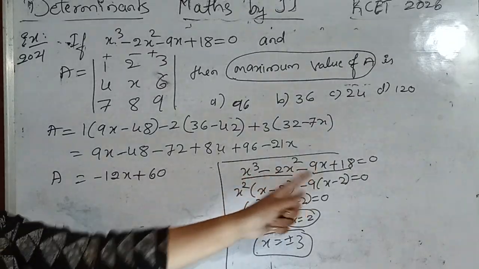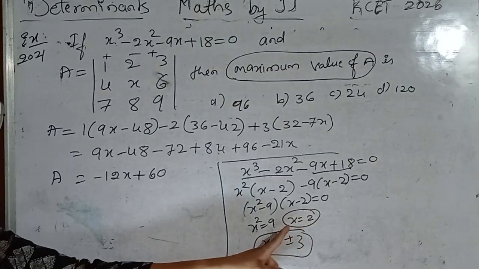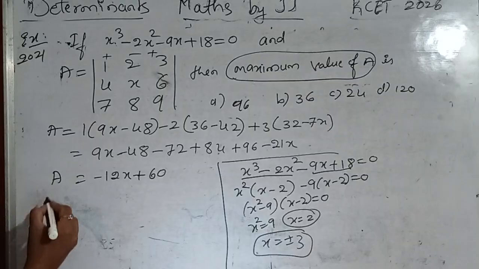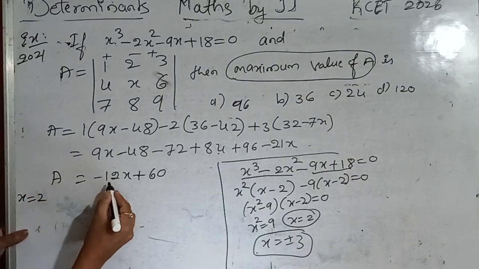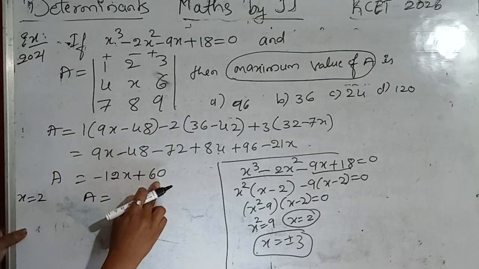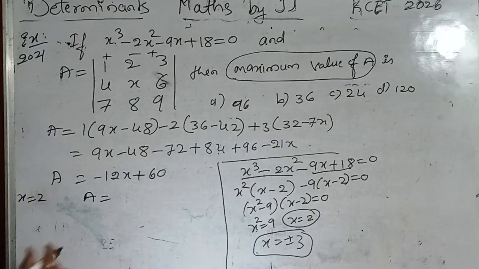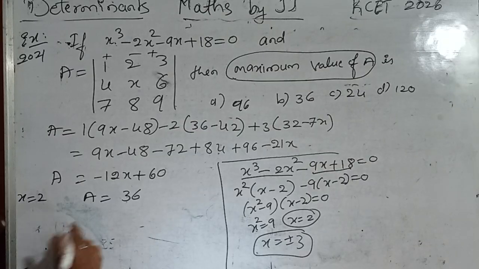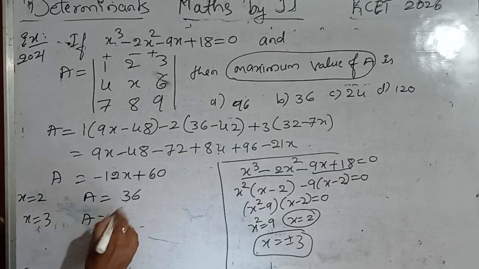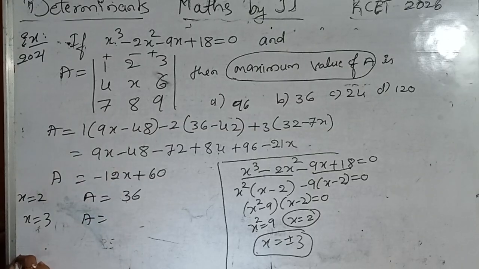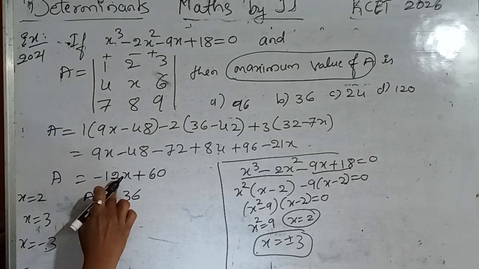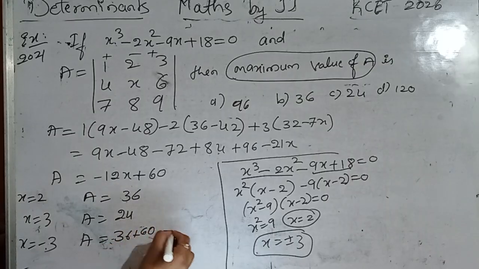Since it is a cubic equation, there will be three solutions: 2, 3 and minus 3. We will substitute all these 3 values here. When x is equal to 2, what will be the value of A? Minus 24 plus 60, that is 60 minus 24, which is nothing but 36. Next, x is equal to 3: 12 into 3 minus 36 plus 60 gives 24. Then the last one, x is equal to minus 3: minus into minus becomes plus, and 36 plus 60 will give you 96.